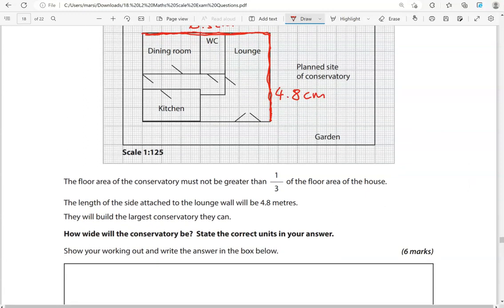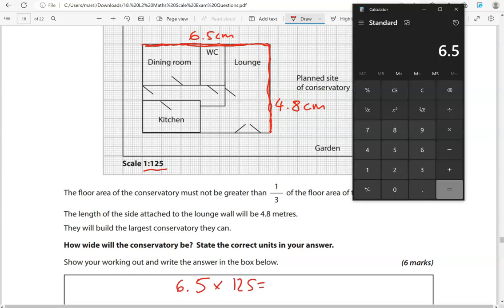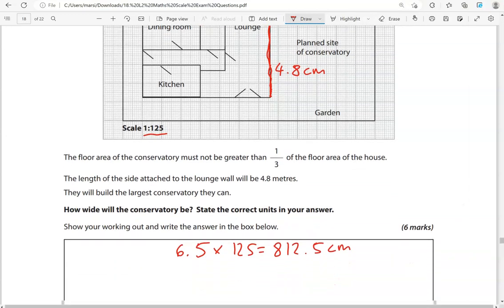The scale is 1 to 125, so what we're going to do is 6.5 times 125, which is 812.5 centimeters.